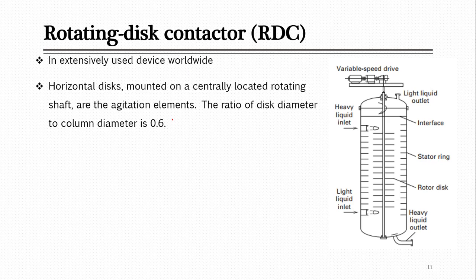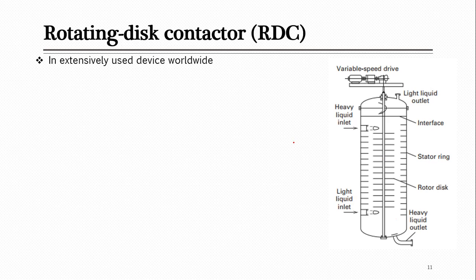So let's look at what they have overall, then we will look at the details inside the text. In the figure you can see a simple column with liquid inlets and outlets, light liquid in and out, and heavy liquid in and out. There is one shaft connected to a variable speed motor.